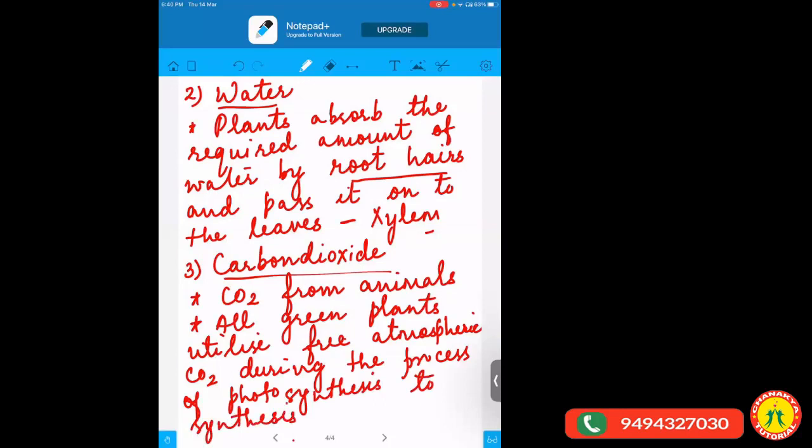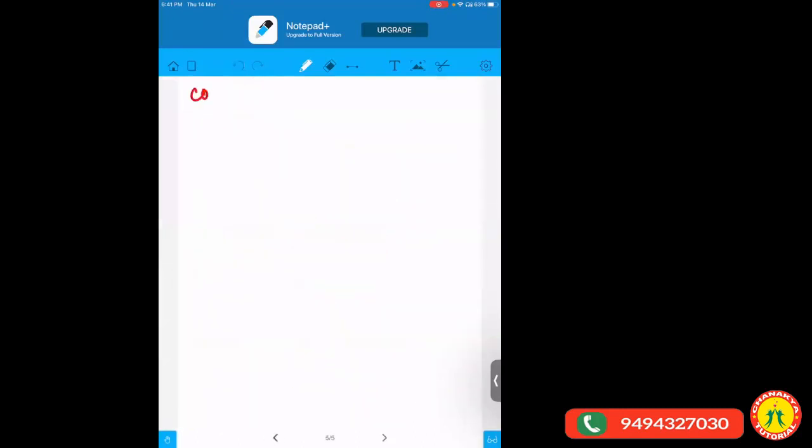So all green plants use the free atmospheric carbon dioxide during photosynthesis to synthesize energy rich complex organic molecules called carbohydrate.